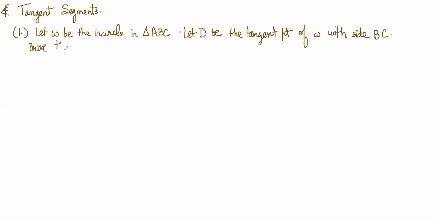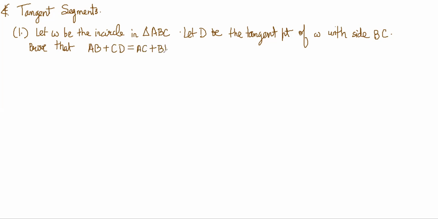Let D be the tangent point of W with side BC. Prove that AB plus CD is equal to AC plus BD.